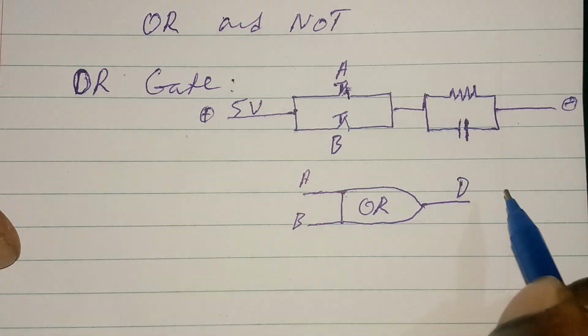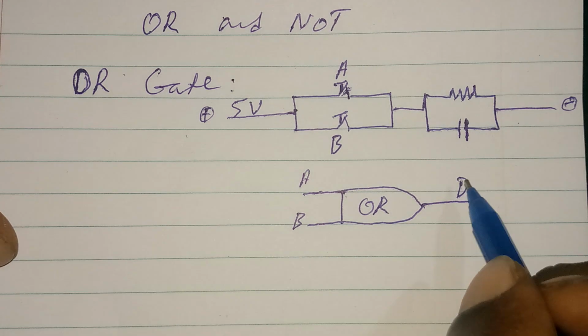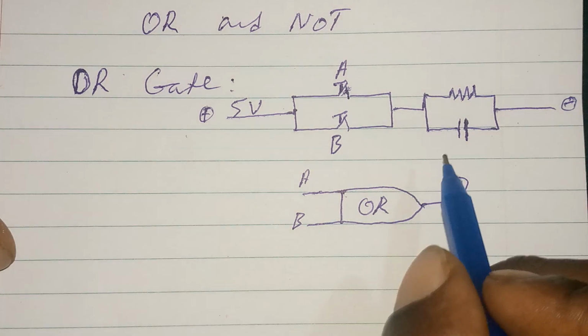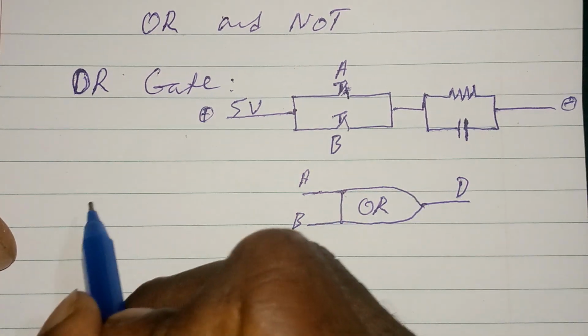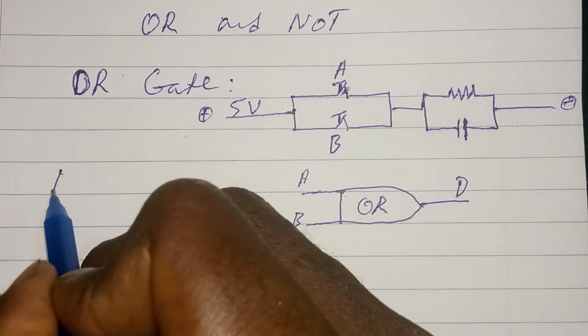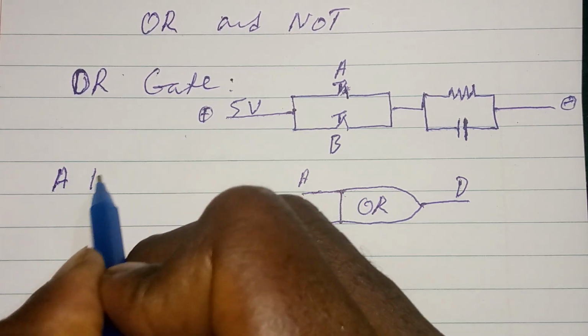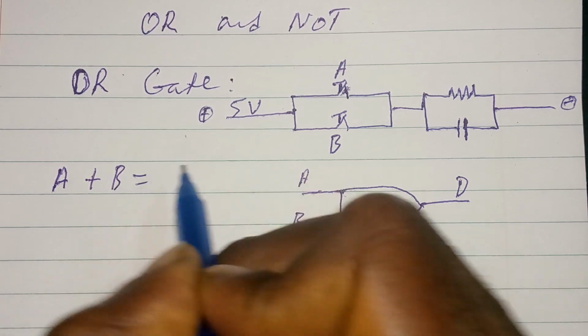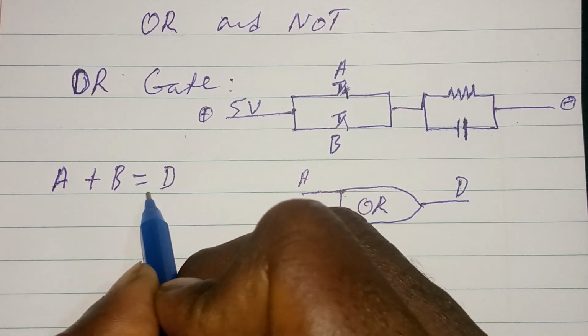Then we have the output here, which is D. Now, the truth table of the OR gate here, let's say this is A plus B equals D here, that is the output.